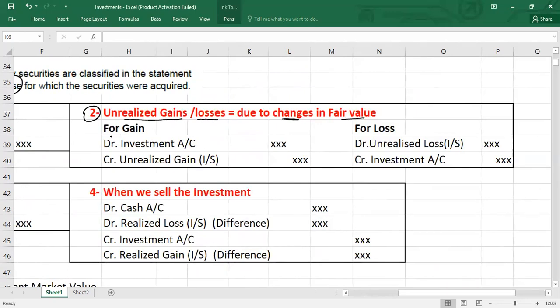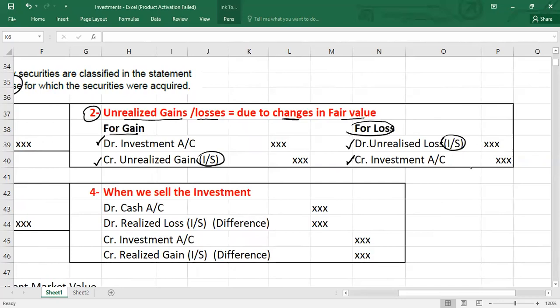If there is an unrealized gain, you will debit the investment account, and credit will go to unrealized gain, and don't forget, this gain will be recorded in the income statement. You could also have a loss. If you have a loss, debit unrealized loss, which you will record in the income statement, and credit the investment, because due to the loss your investment value should be reduced.